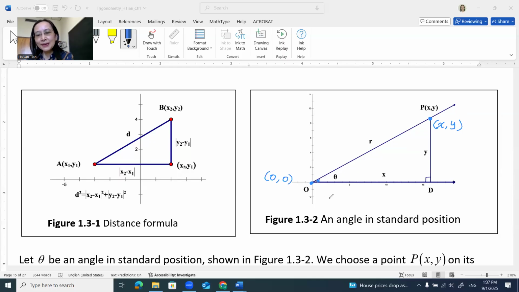So this angle theta, we can always place it in a standard position. So what is the standard position?